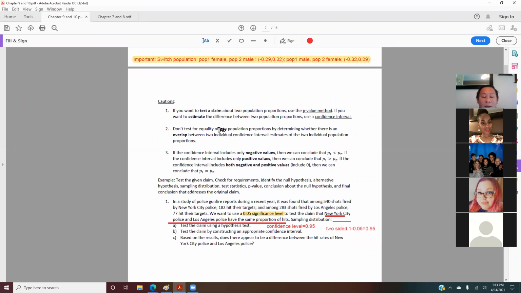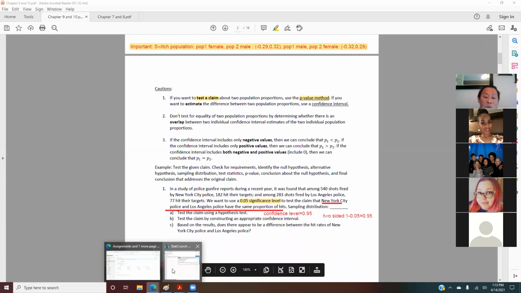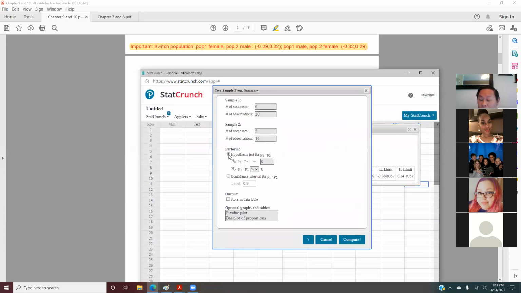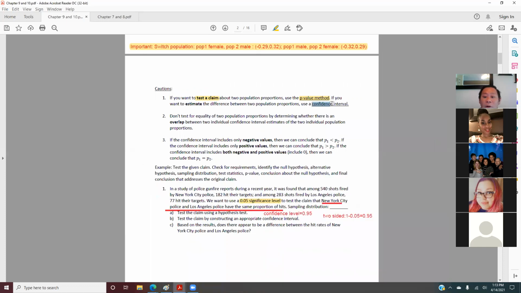There are a few things that you need to be warned about. If a question is asking us to test the claim, make sure you use the p-value method, the hypothesis testing in your StatCrunch. When we test the claim, don't use confidence interval. We use hypothesis testing. And when you are asked to find the estimate, make sure you use the confidence interval.